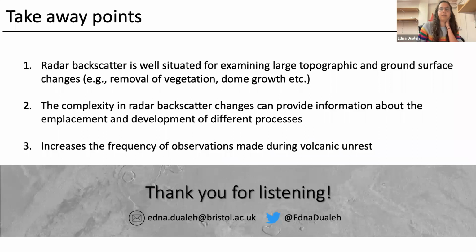It's possible to look at quite a range of volcanic deposits using SAR data.